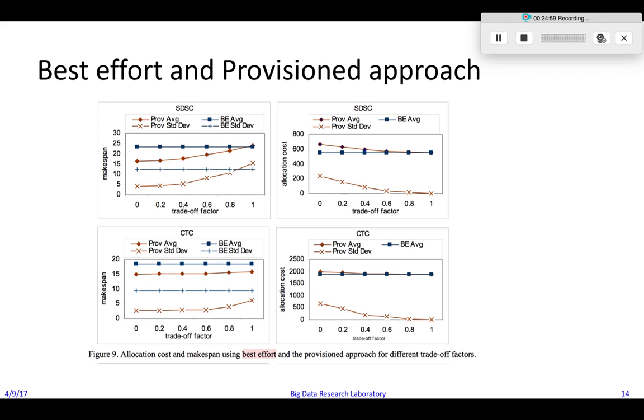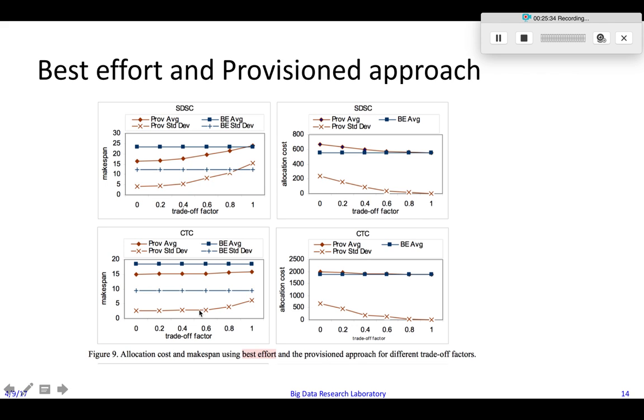Let's move on to the experiments. This picture shows the allocation cost and makespan using best effort and provision approaches for different trade-off factors. For the SC cluster, the makespan of the provision approach is less than the best effort approach for the values of the trade-off factor alpha, at the cost of increasing the local allocation cost.